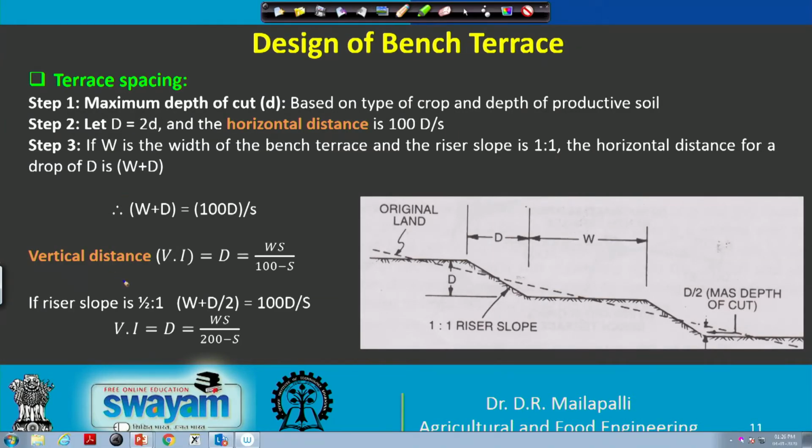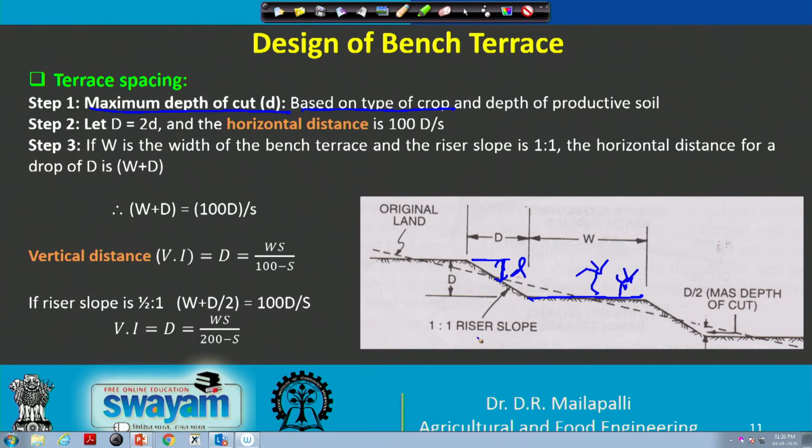Consider the terrace spacing, which is one of the important things. The maximum depth of cut, small d, is the maximum cut-off depth. This will be decided based on the type of crop, because the root zone depth matters, since this flat portion will be used to raise crops.